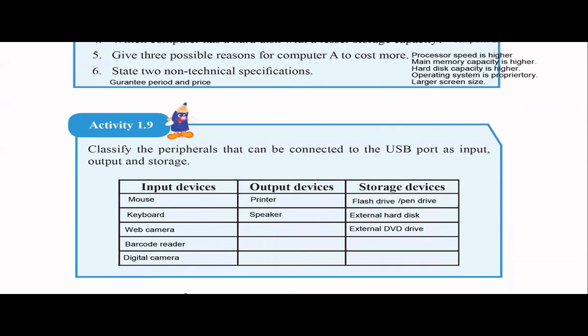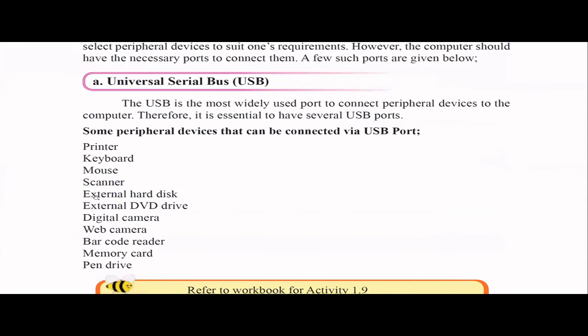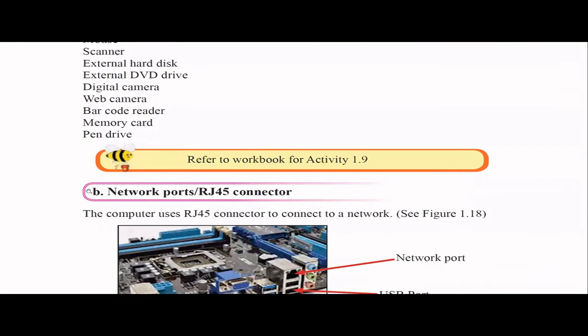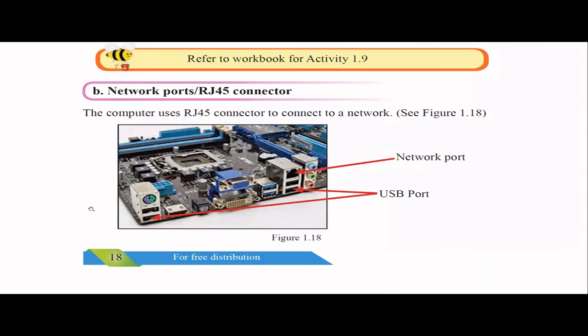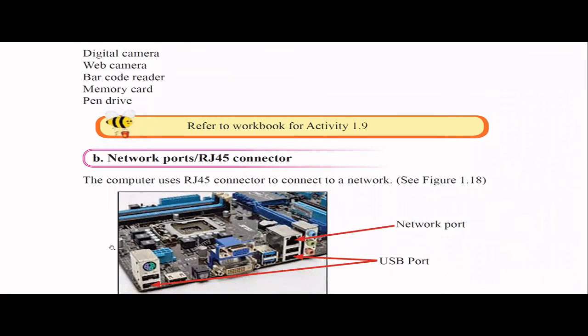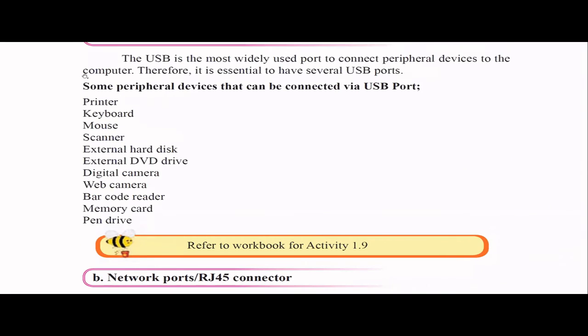Let's go to activity 1.9. Classify the peripherals that can be connected to the USB port as input, output, and storage. You can refer to your textbook, page 18, where some peripheral devices that can be connected to a USB port are given, like printer, keyboard, mouse, scanner, external hard disk.